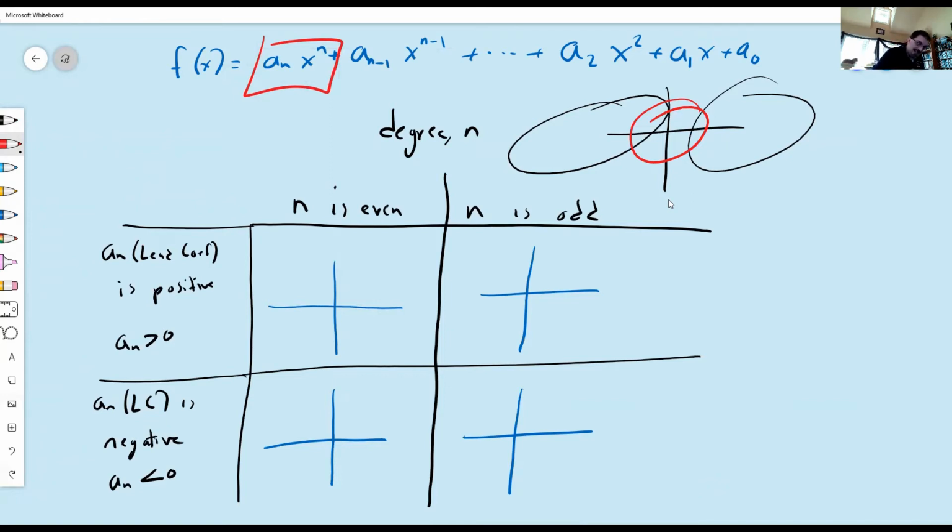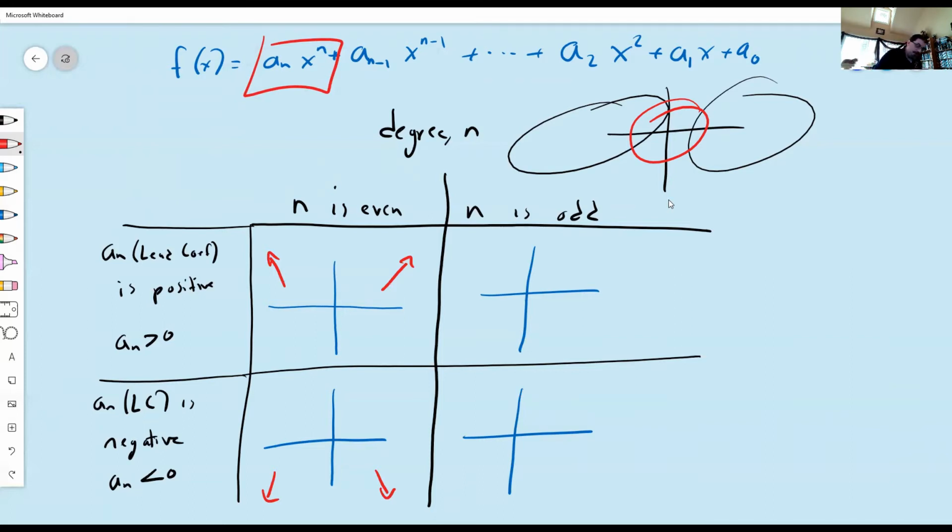So if n is even, either both ends will go up or both ends will go down. Again, note, if the lead coefficient is positive, they both go up, so everything's going to be positive. If the lead coefficient is negative, it's going to take everything and flip it down.